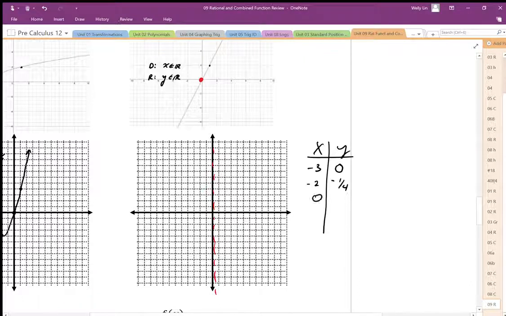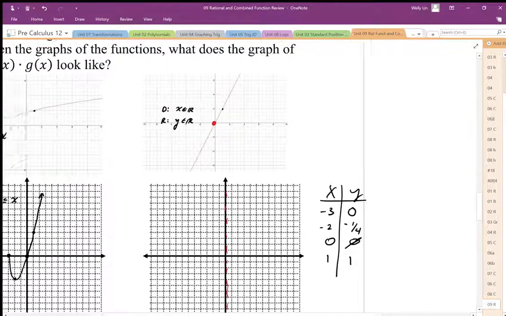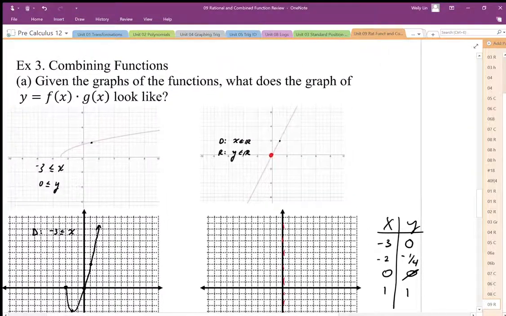We have an asymptote at 0. Plug in maybe x is 1. We're going to end up with y equals 2 and 2, so 2 divided by 2 is 1. Because this is a rational function, we should think about what's happening as endpoint behavior.